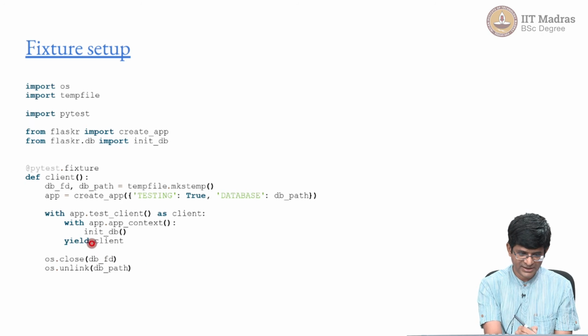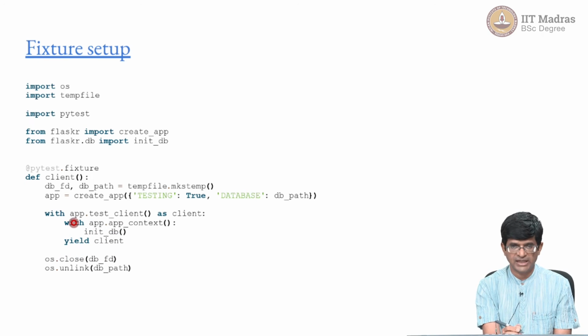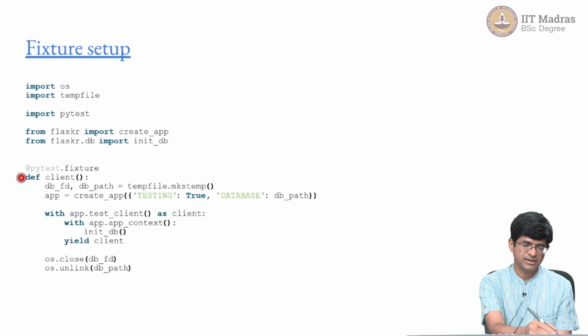Now the interesting thing that you will see over here is this command called yield. In case you are not familiar enough with Python to know what yield means, for the time being just ignore it, right. For our purposes, what it means is that it has created something that can be used in a different context.